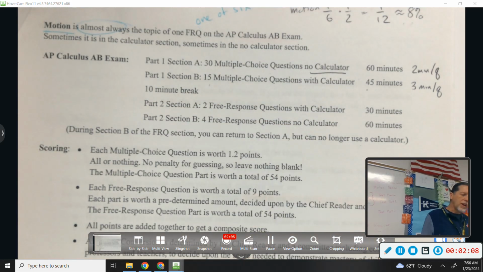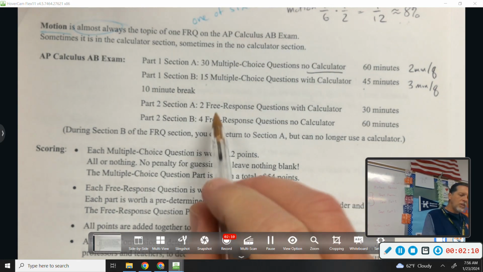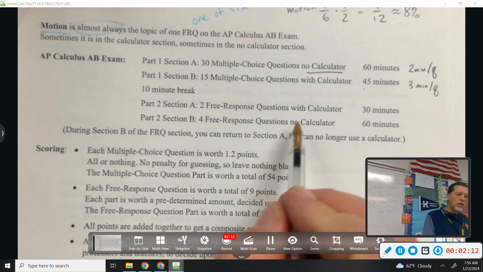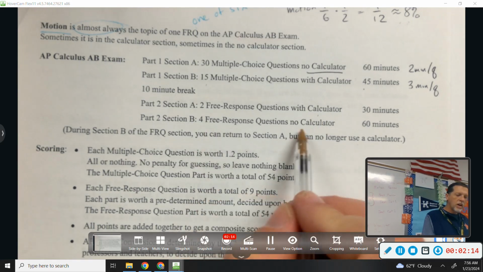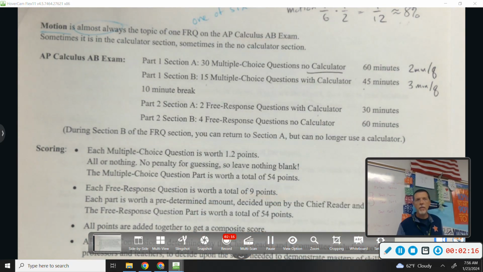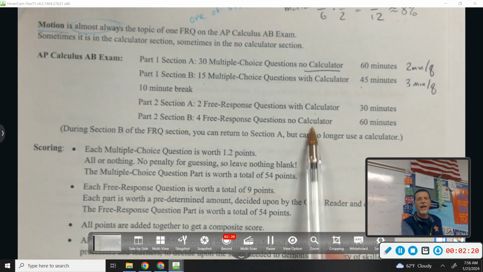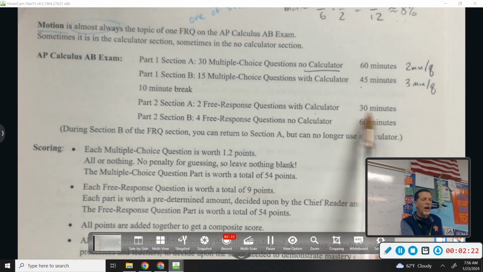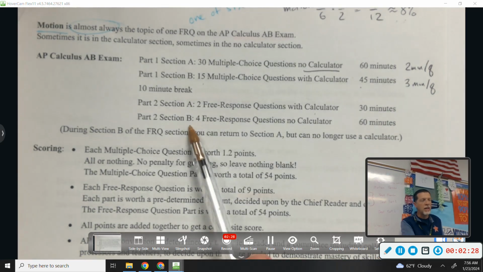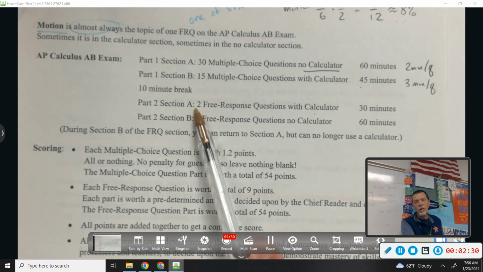Then comes a break, and then you get 6 free response questions, 2 with a calculator, 4 without a calculator. How to explain this? After 30 minutes, you put your calculator away and you open up section B. You can still go back and work on section A, you just don't have a calculator to do it.